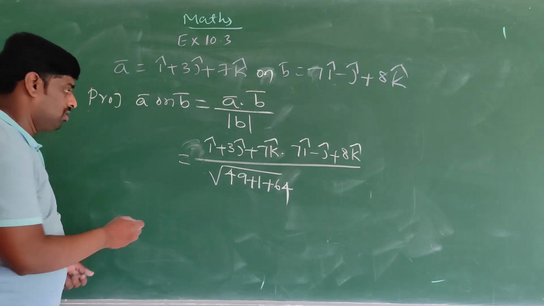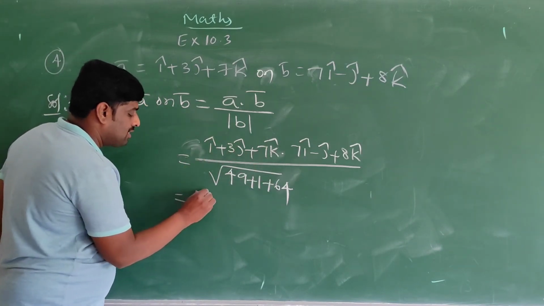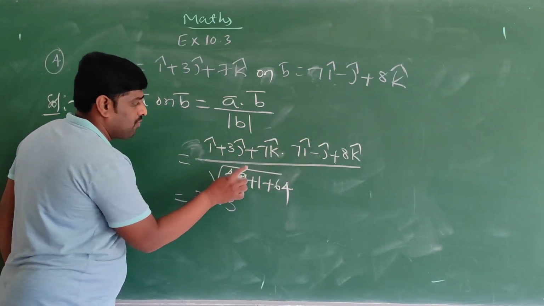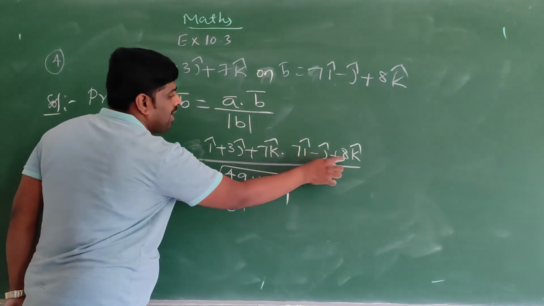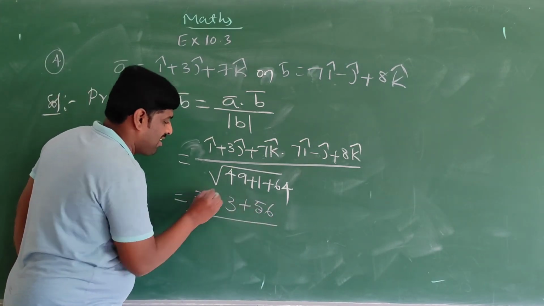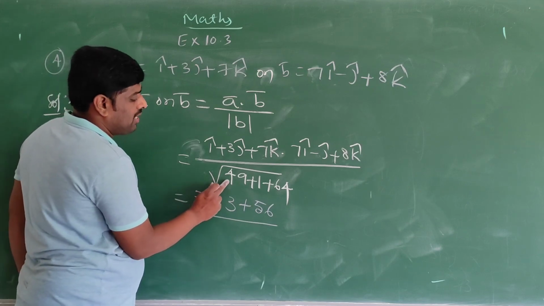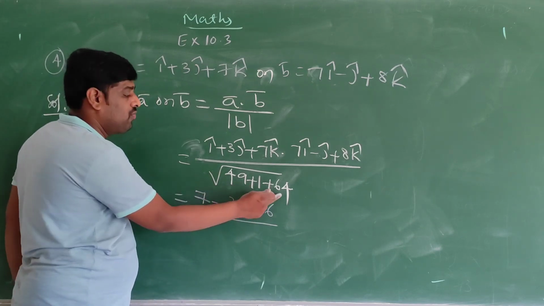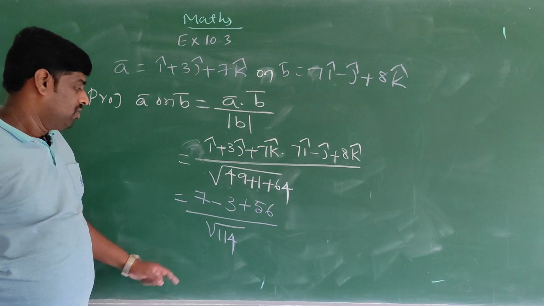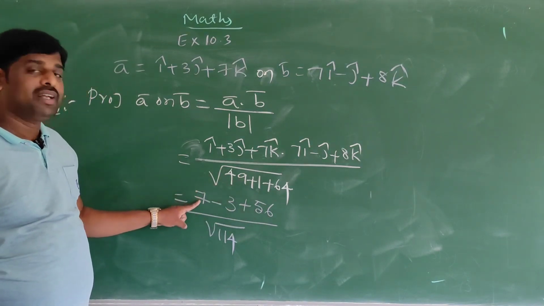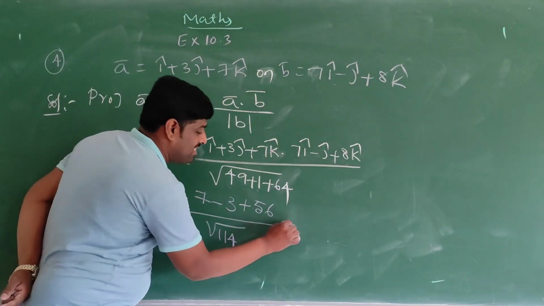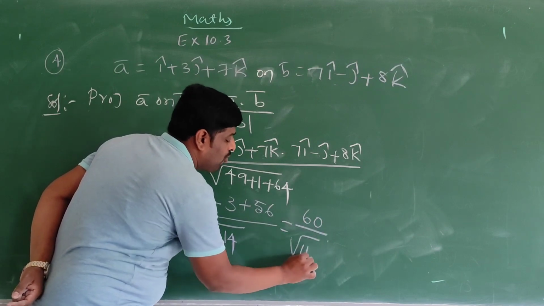Now take the dot product: 7 ones are 7, minus into plus is minus, 3 ones are 3, plus into plus is plus, 7 eights are 56, divided by, observe students, 49 plus 1 is 50, 50 plus 64 is 114, that is root 114. So here 56 plus 7 is 63, 63 minus 3 is 60, 60 divided by root 114.